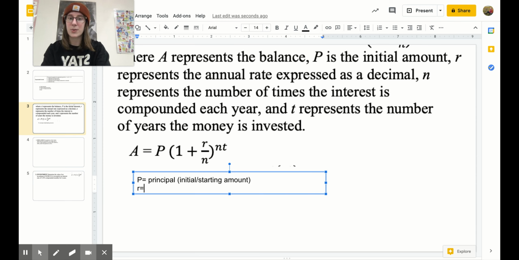R, of course, is your rate. So, your 2% or whatever it may be. And that needs to be a decimal. N is the number of times that you are compounding it. So, if you get interest quarterly, N would be 4.